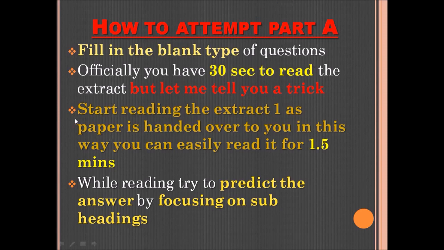When the OET listening test is given to you, start reading Extract 1 as soon as the paper is handed over to you. In this way you can read it for 1.5 to 2 minutes instead of 30 seconds. So you will easily read the whole extract and predict the answers.